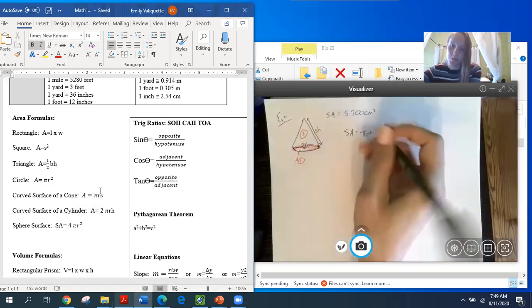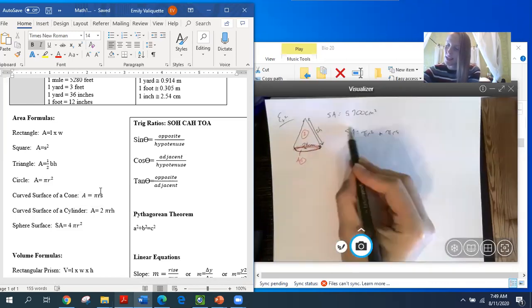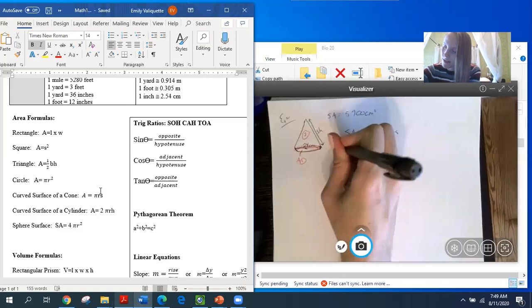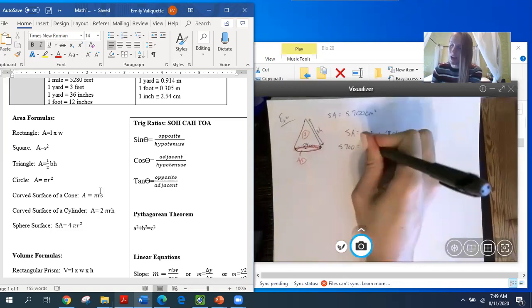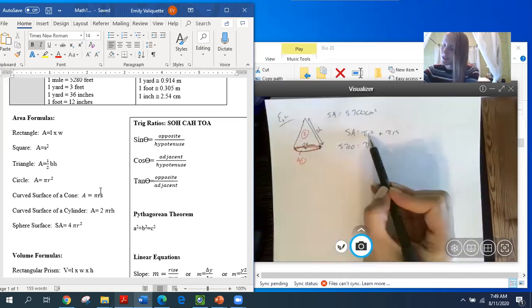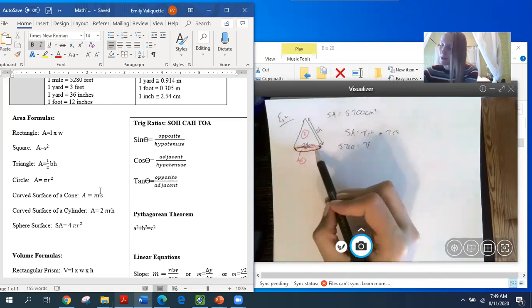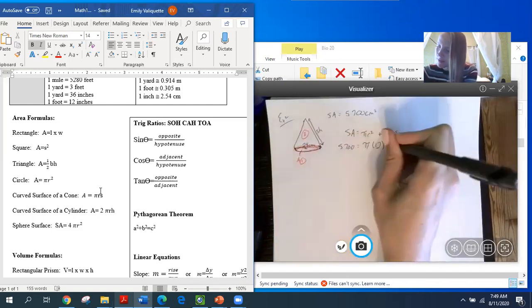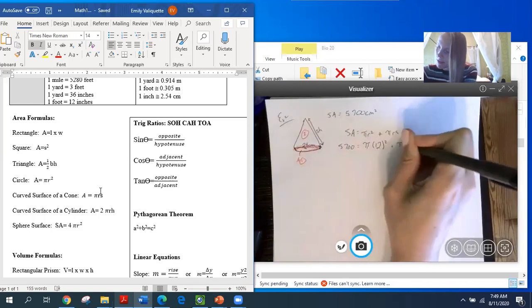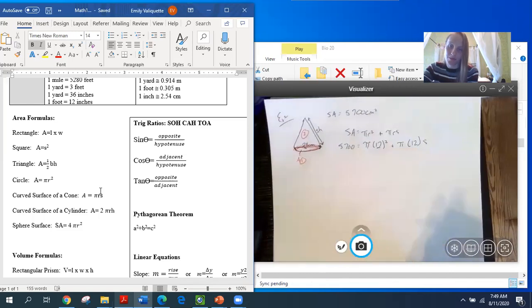Now I'm just going to start plugging in the terms that I know. So I know that my surface area is 5,700. Pi is just going to stay as pi. My radius is just going to be half of my diameter. So since my diameter is 24, my radius will be 12. And then S is the variable that I don't know. That's what I'm going to be solving for.